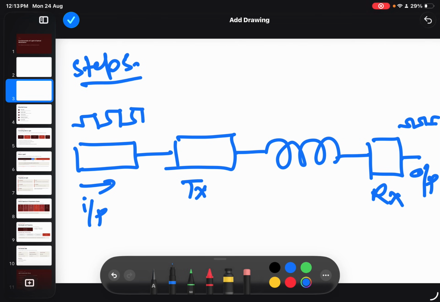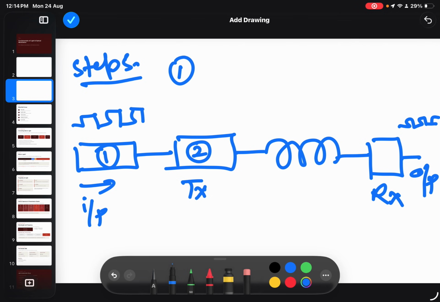Okay, so step number one is that data originates as an electrical digital signal in the network equipment, that is equipment number one. Now here the optical transmitter, that is the second unit, converts your electrical signals into modulated light signals.